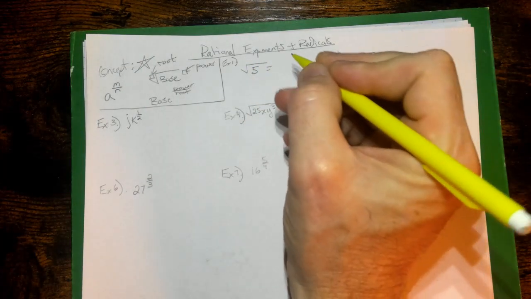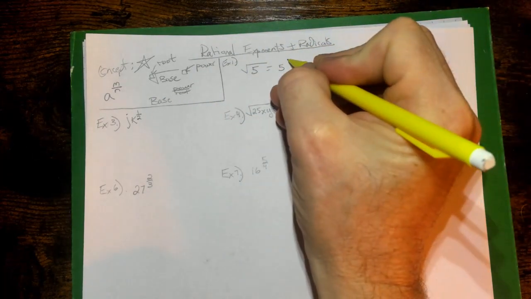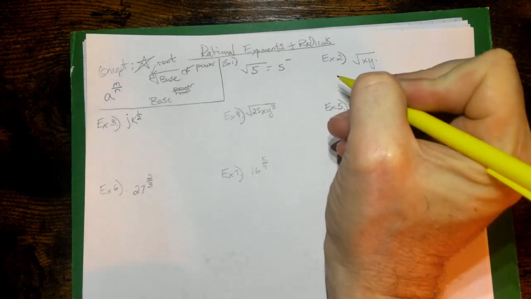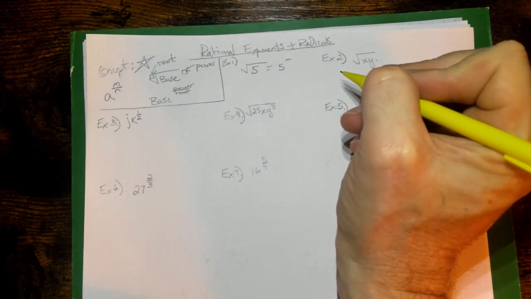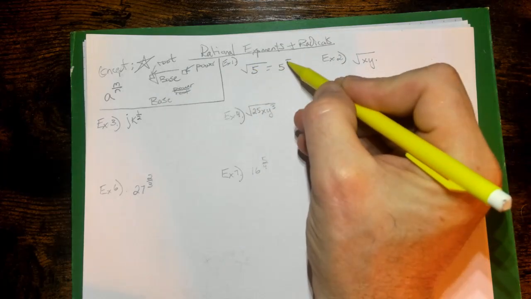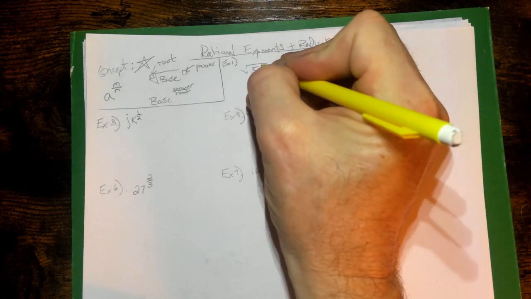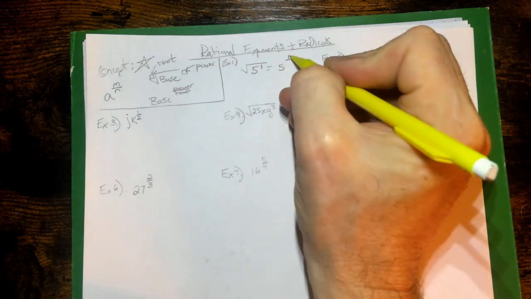So we recognize that we have a base of 5. We're going to have an exponent here, but it's going to be fractional. How do we determine what that fraction is? I don't see a number here, and I don't see a number here. Well, anytime there's no exponent, there's a power of 1, and the power goes in the top.